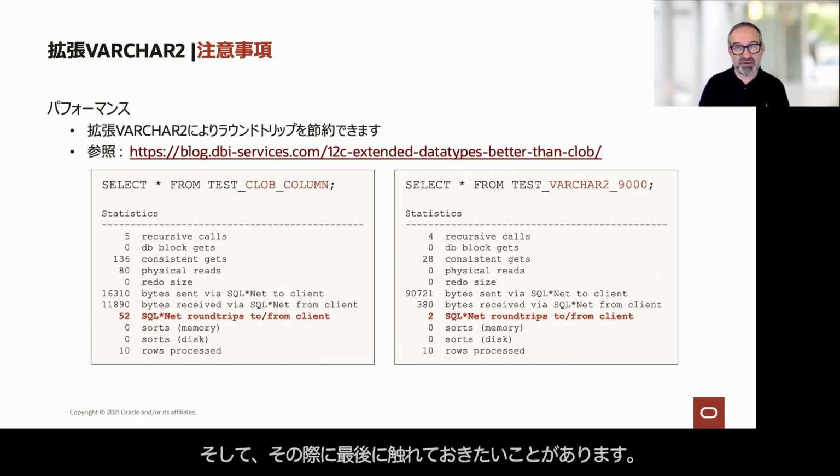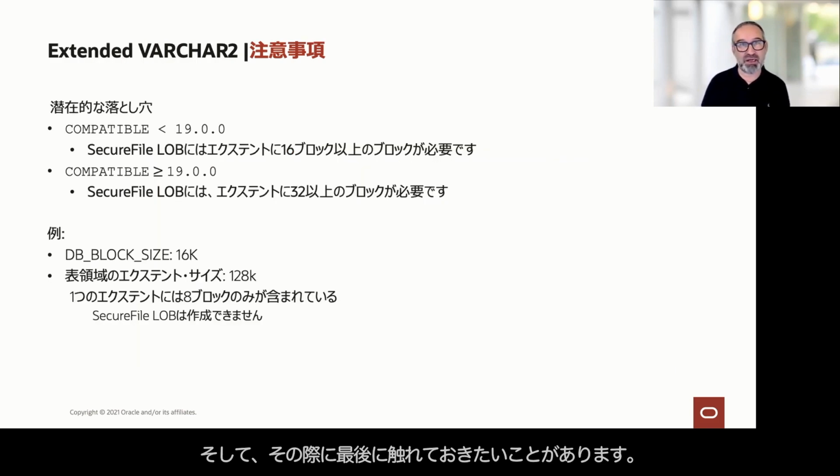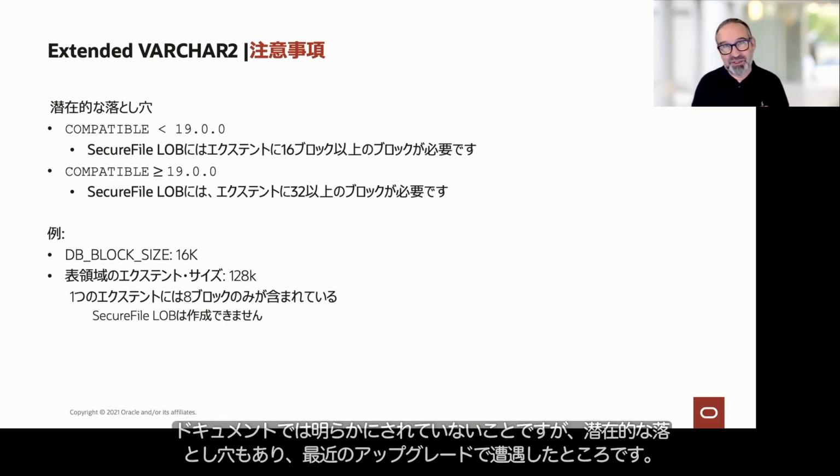And the final thing I would like to mention in that case, something which is not obvious in the documentation, I guess. There's also a potential pitfall, and we just came across this in upgrades recently.